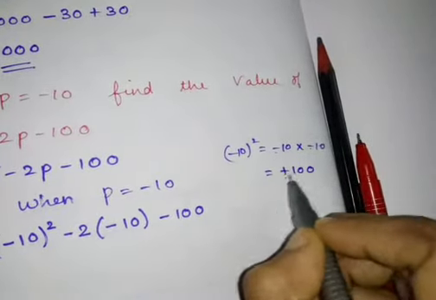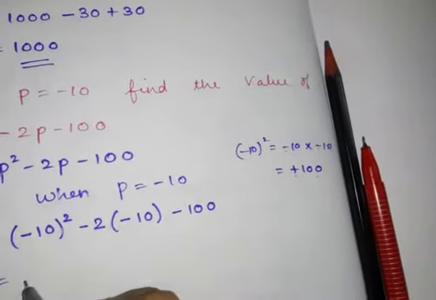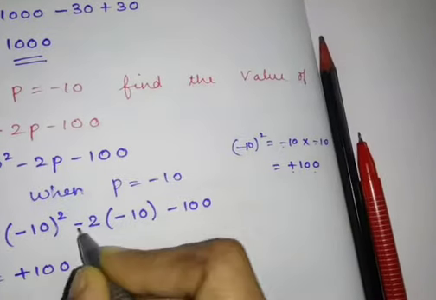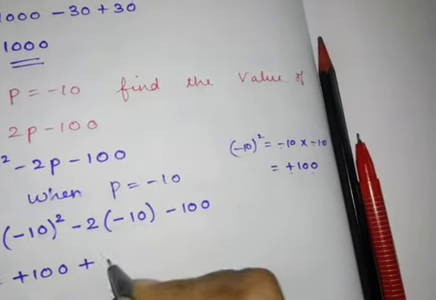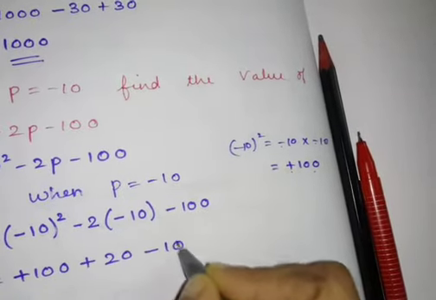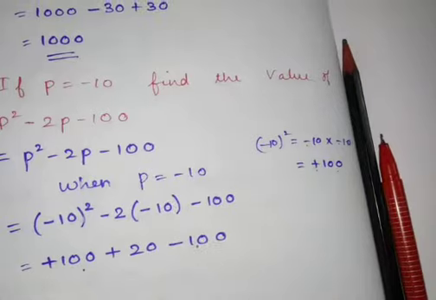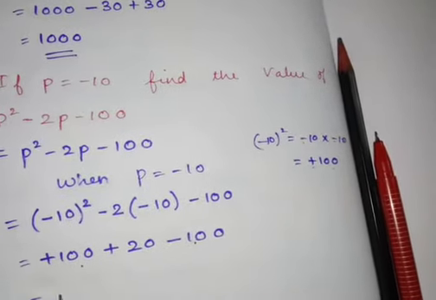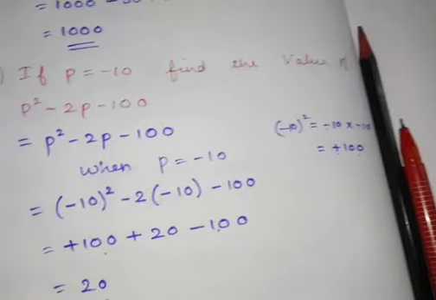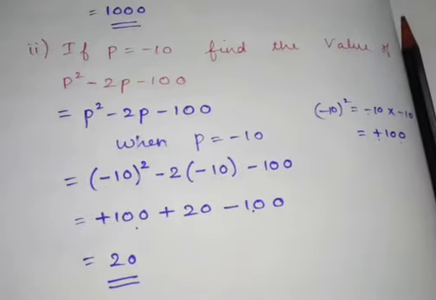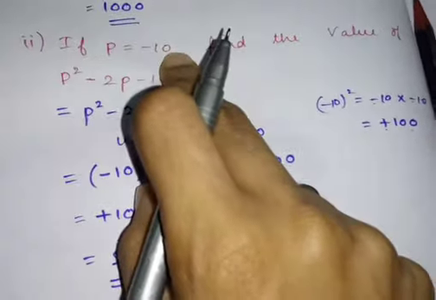Then minus into minus plus, 2 into 10 is 20. So 100 plus 20 minus 100 is 20. So the answer is 20. This is the value of the expression when p is equal to minus 10.